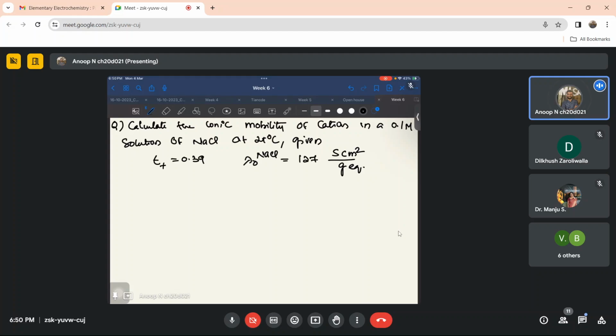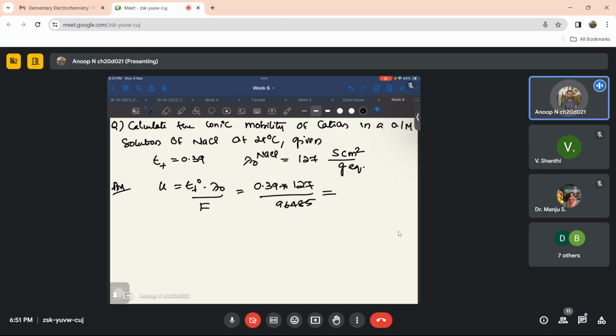So what's the answer? What's the formula we have to use? Anyone? What's the formula? U is equal to T plus into lambda naught divided by F. So what will it be? 0.39 into 127 divided by 96485.